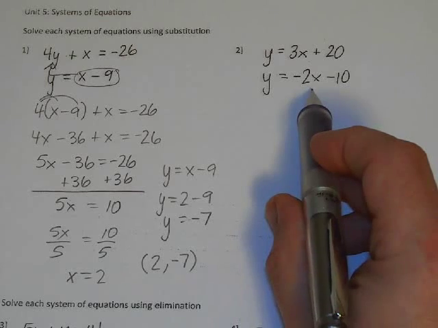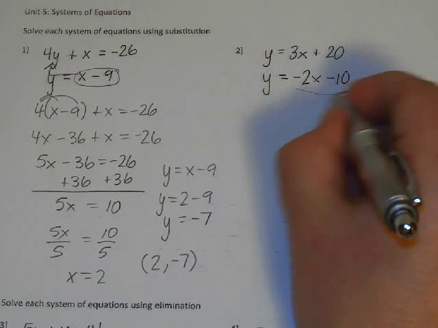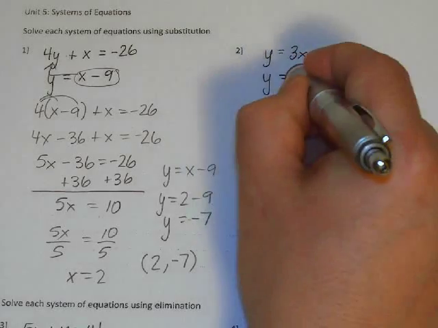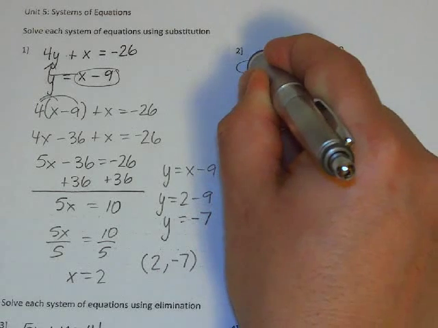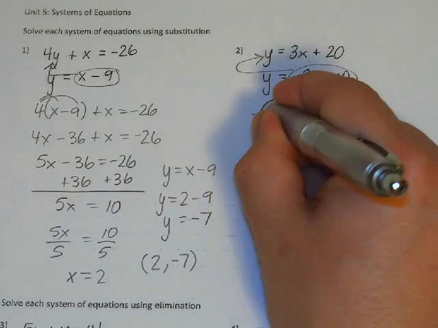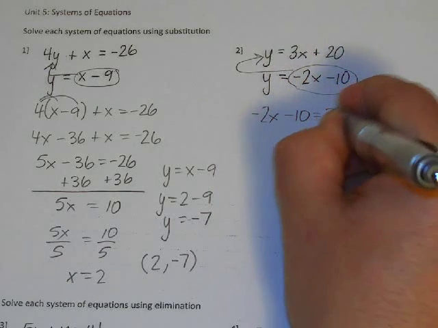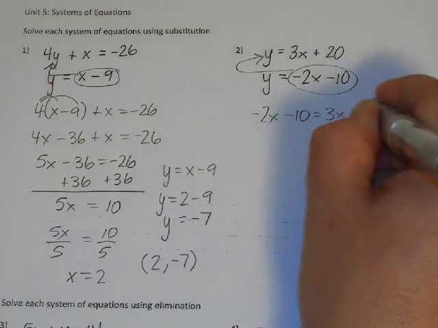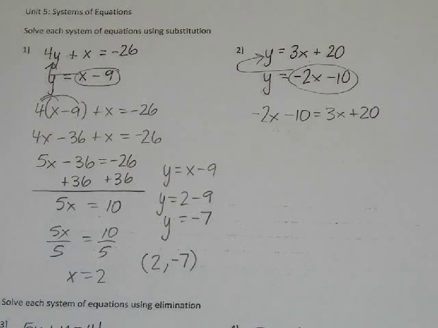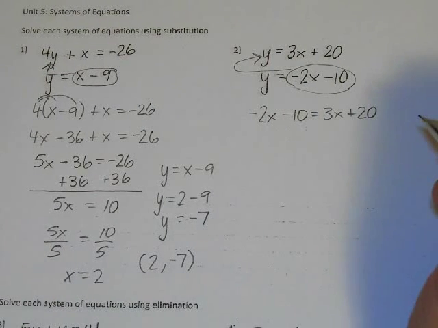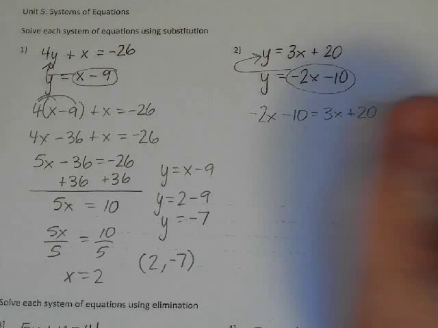For number 2, we have two equations set equal to y. So I could take this negative 2x minus 10 and plug it in for y in the top equation, which gives me negative 2x minus 10 equals 3x plus 20. So I'm going to go ahead and get x's on one side of the equation.